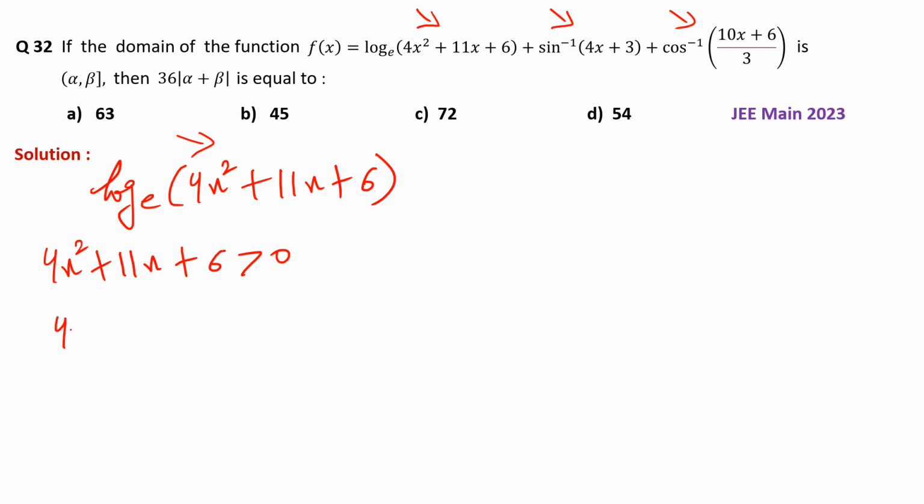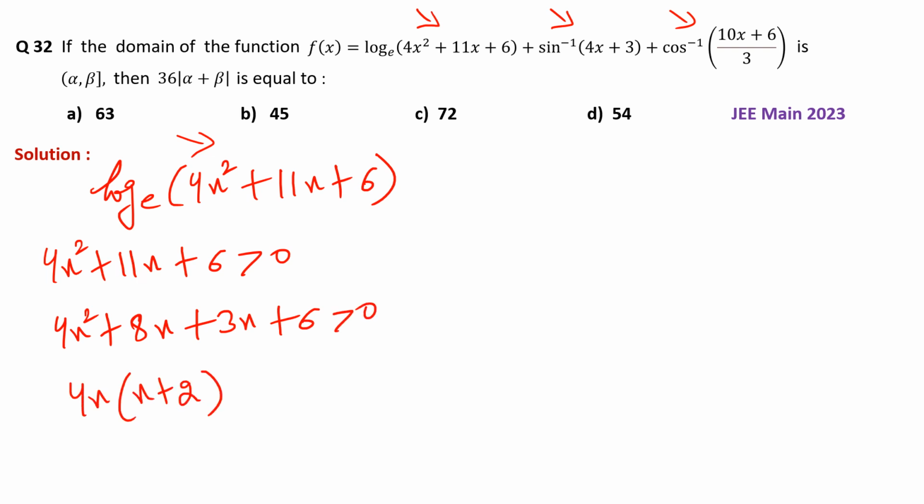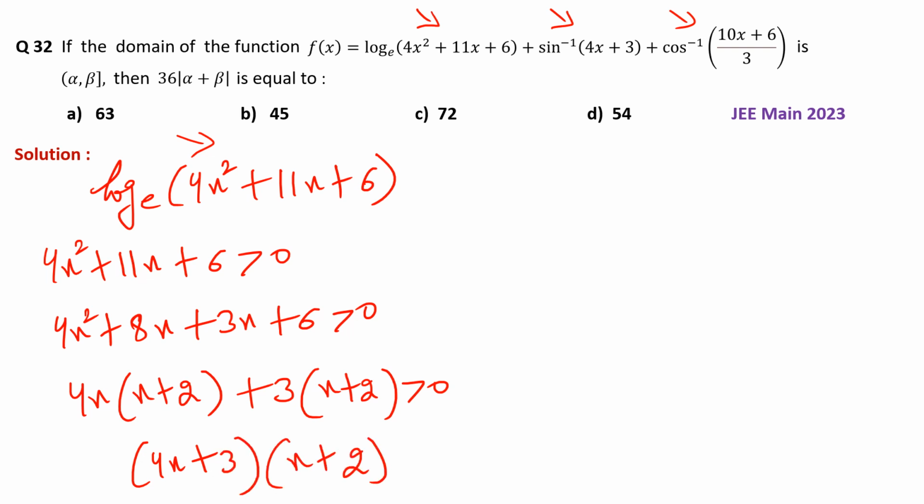So let's factorize it to get the right interval for x. From here we get 4x plus 3 into x plus 2 greater than 0. And by using wavy curve method, we get x less than minus 2 or greater than minus 3 by 4.